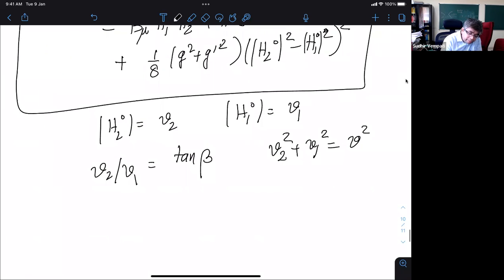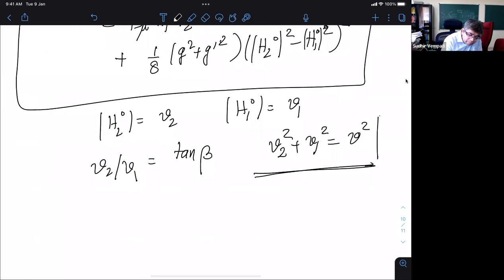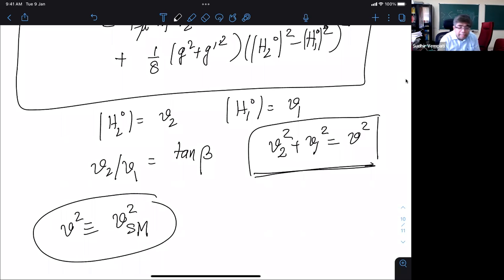V square should correspond to the standard model V square. This is the condition we had to put because we need to get back the standard model essentially. We need to get back the standard model like relations. Even if we have a two Higgs doublet model, their breaking should give me back a vacuum expectation value, and the sum of them should give me back your standard model essentially.